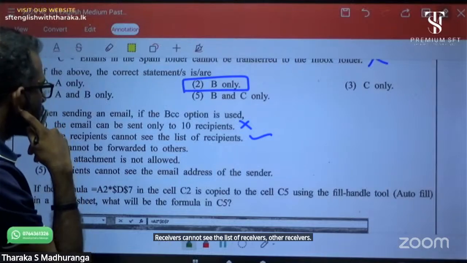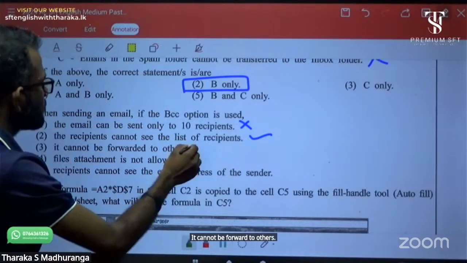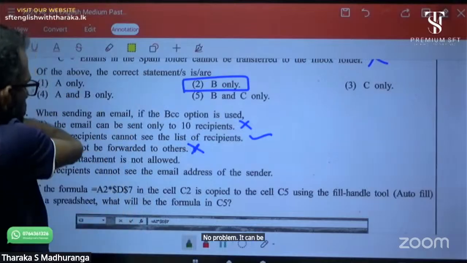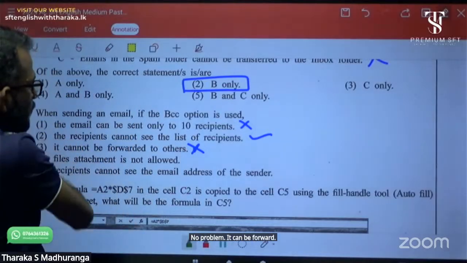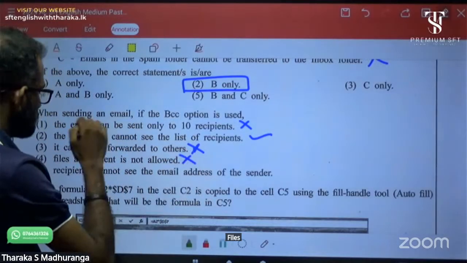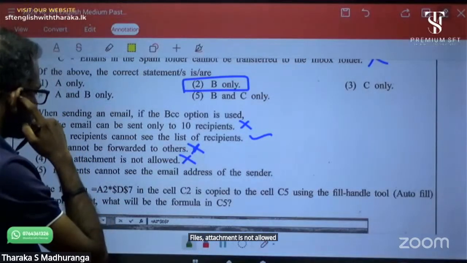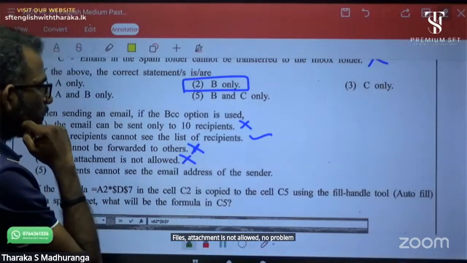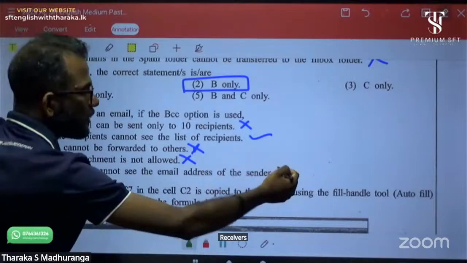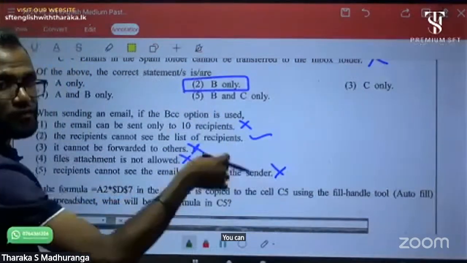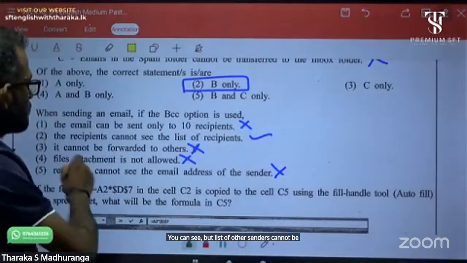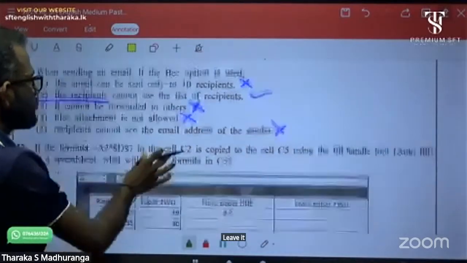It cannot be forwarded to others? No problem, it can be forwarded. File attachment is not allowed? It's allowed. Receivers cannot see the email address of the sender? The sender's address can be seen, but the list of other receivers cannot. Answer number 2.